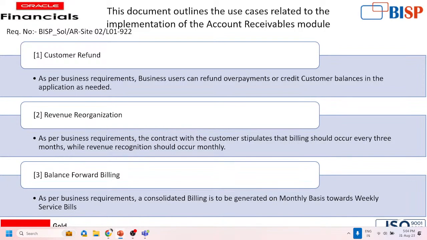So in the billing, the receivables will be generated after 3 months, that is the requirement, and the revenue will be recognized on a monthly basis. How to configure that particular part, we will see in the application.